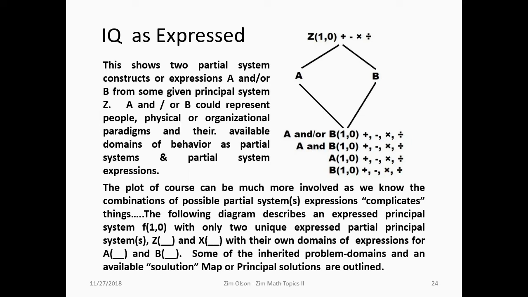The plot, of course, can be much more involved, as we know the combinations of partial systems expressions, so-called, complicates things. The following diagram describes an expressed principal system, F1 and/or 0, with only two unique expressed partial systems, Z as a function of some unknown construct, and X as a function of some unknown construct, with their own domains of expressions for A and B. Some of the inherited problem domains and an available solution, a principal system solution.